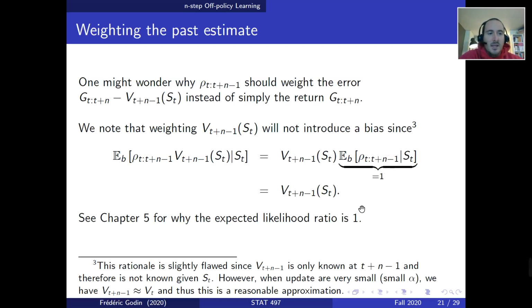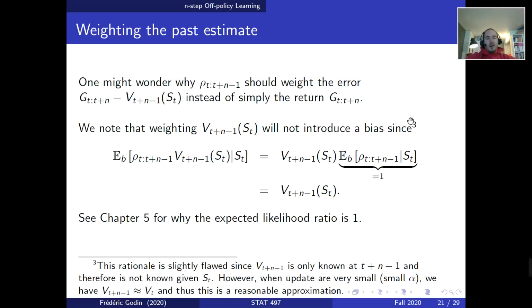So this is indeed the current estimate of the state. Okay, so in expectation, multiplying the importance sampling ratio by the current estimate still gives the current estimate, so we're not introducing bias in our algorithm when we do that. One quick note, if you want to remember why the expected value of the importance sampling ratio is always equal to 1, please go back to chapter 5 where this question was discussed.